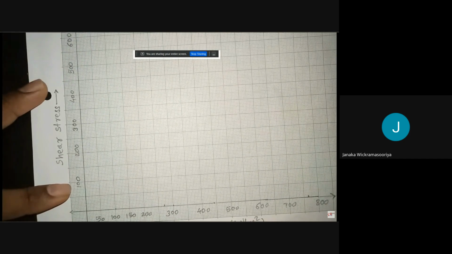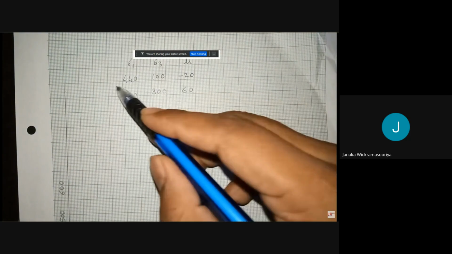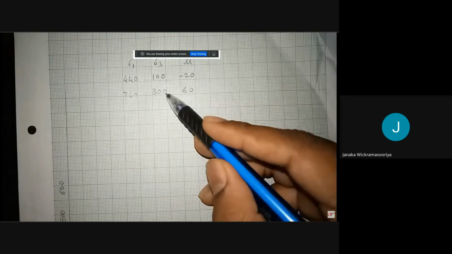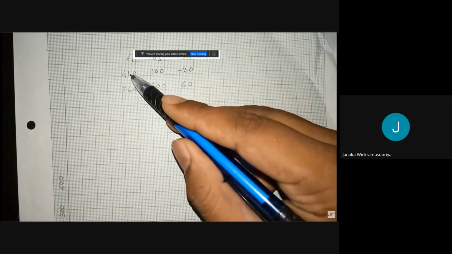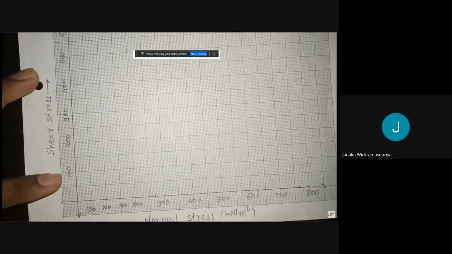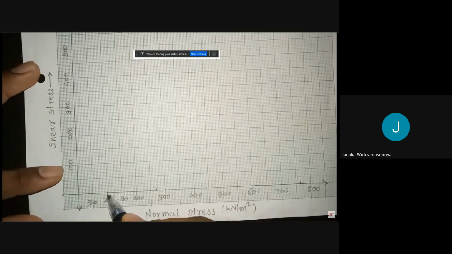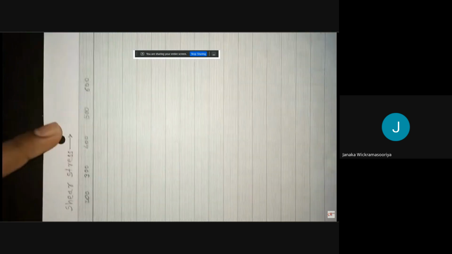Now sigma 3 value is 100. We will consider the first sample here. This is the first sample's reading and this is the second sample's reading. So in the first sample, sigma 3 is 100 and sigma 1 is 440. First we will plot sigma 3 on the x-axis.